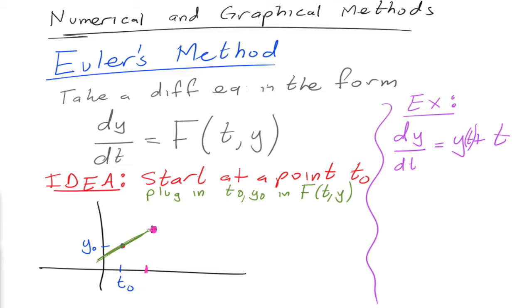This is going to be t sub 1, and this we're going to call h. This is called the step size.